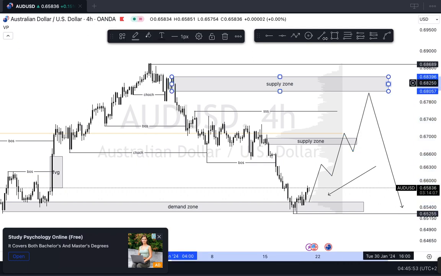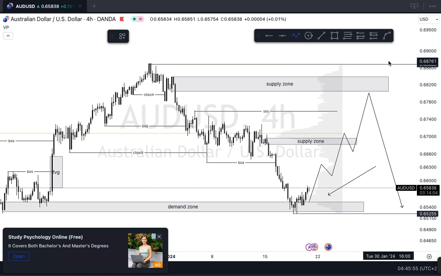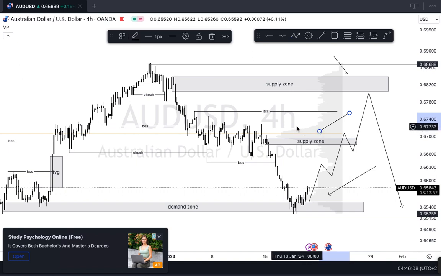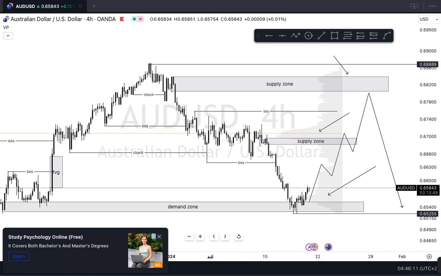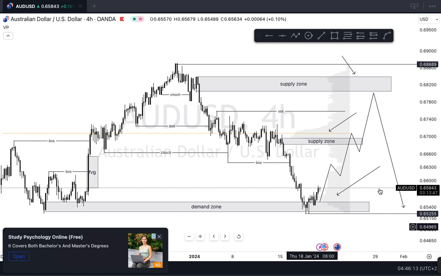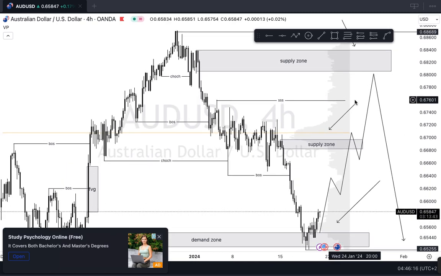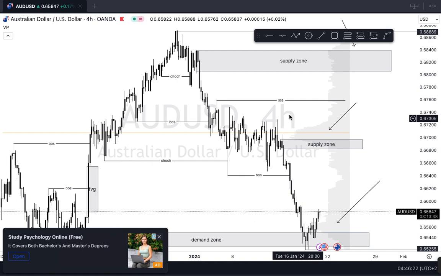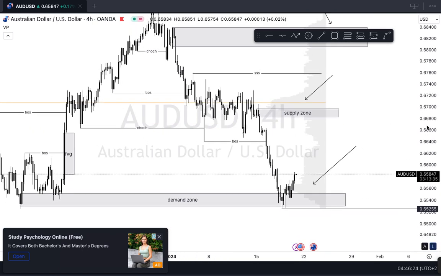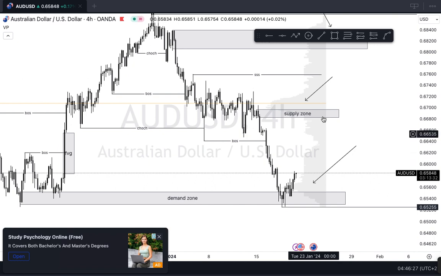So if you are interested in the setup, make sure you monitor these two zones, this one and this one. Keep your eyes open on those two zones. If you are interested in entering AUDUSD, wait for a pullback from that zone.